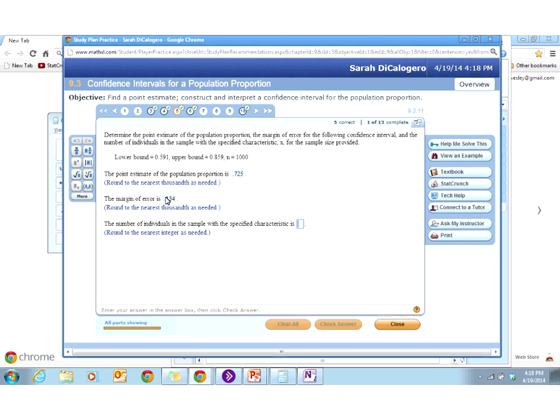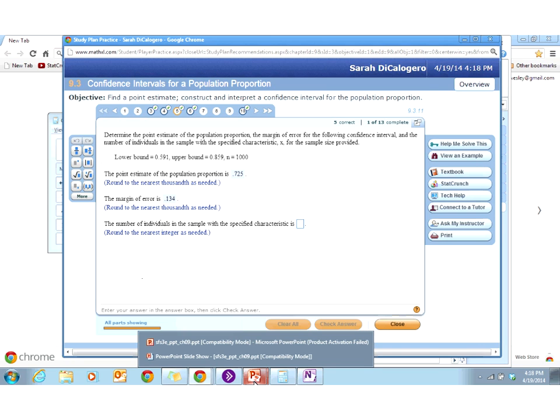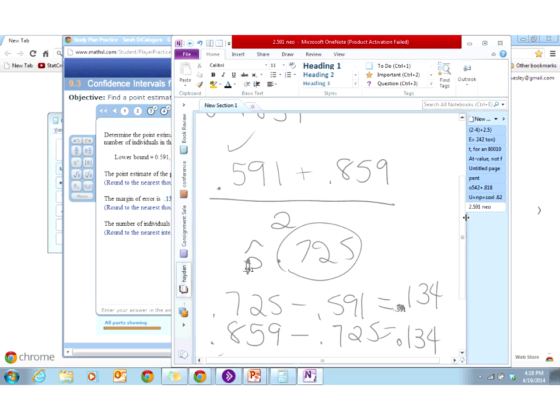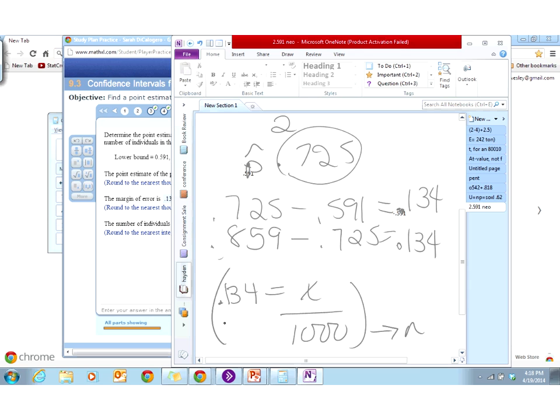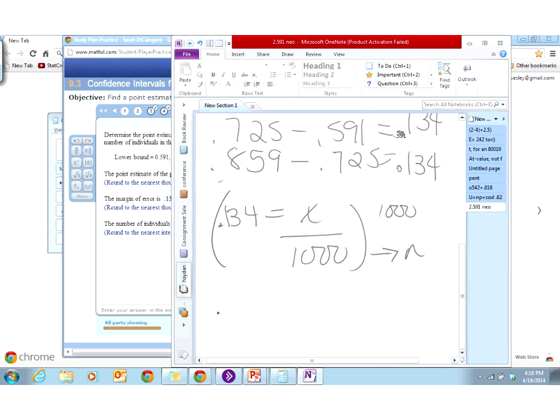And then how many people are in the sample with the specified characteristics? Well, we have 1,000 people in the sample that was given to us up here. So, you know, some of you are like, oh, that's easy. You just multiply the 0.134 times 1,000. But if you think about it, remember, our 0.134 is equal to our x value over 1,000, because that's our n value. So in order to get x by itself, I need to multiply the entire equation through by 1,000.